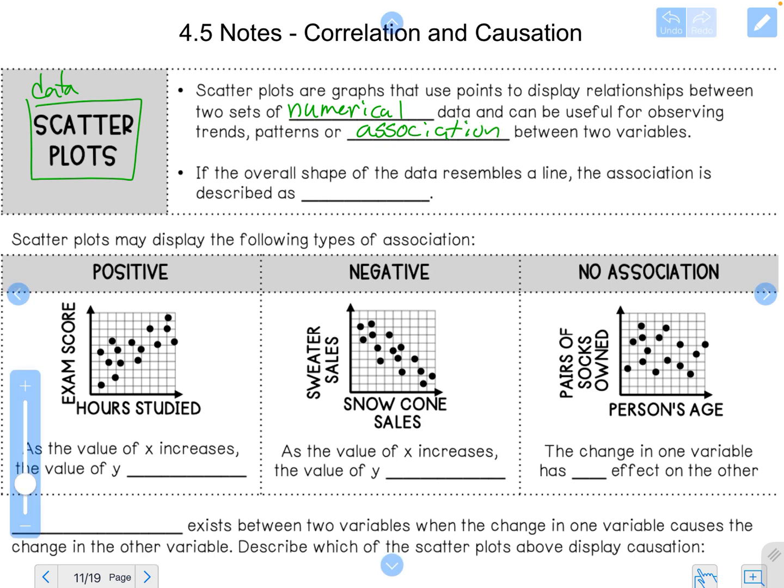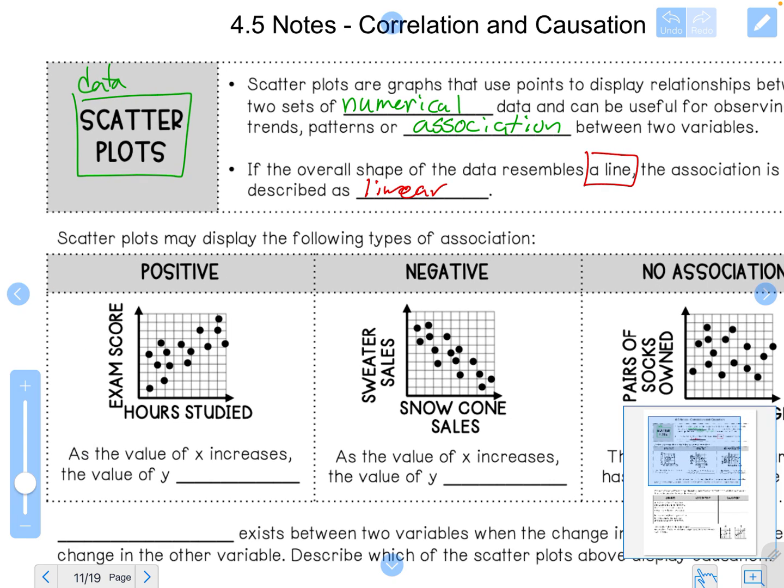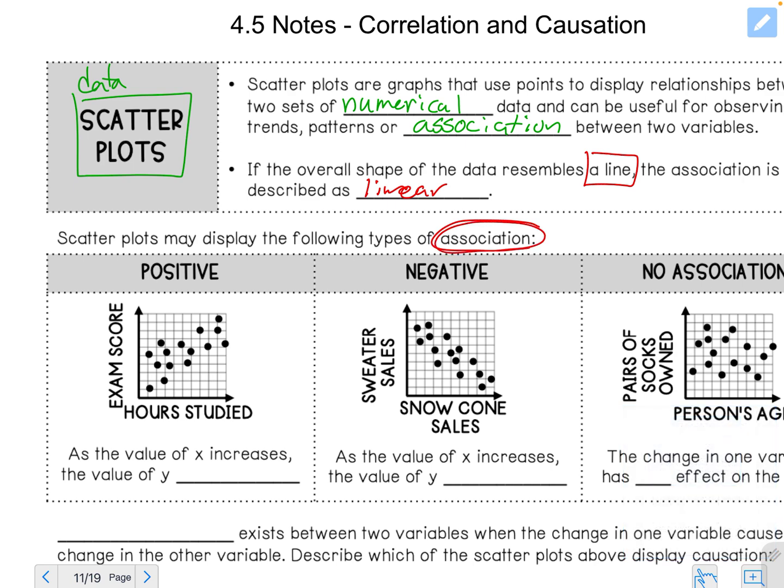Association between two variables. If the overall data resembles a line, the association is described as linear. We're only going to be looking at linear association right now. When we think about association, we need to think about slope.